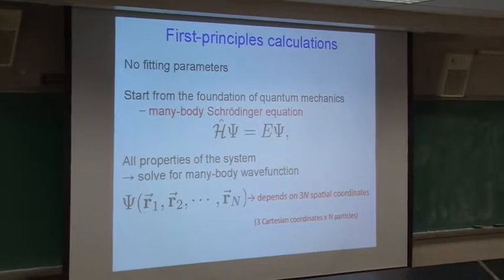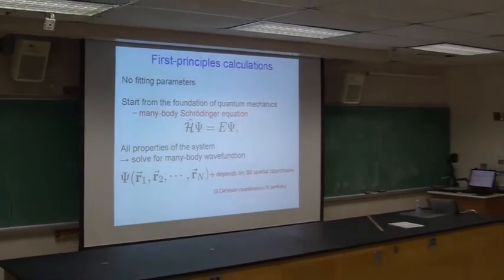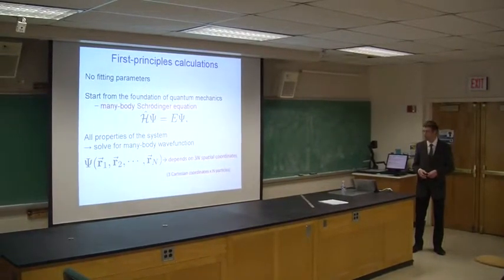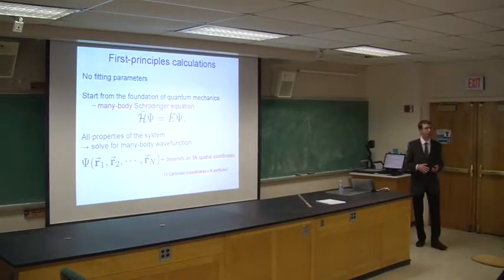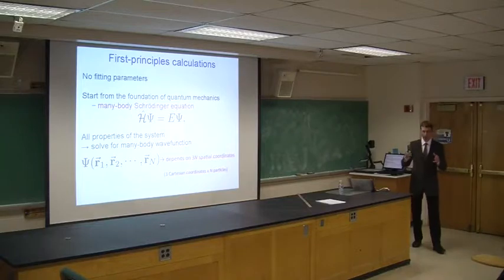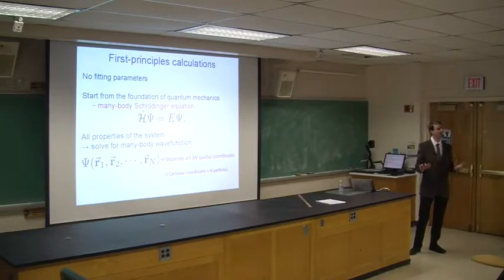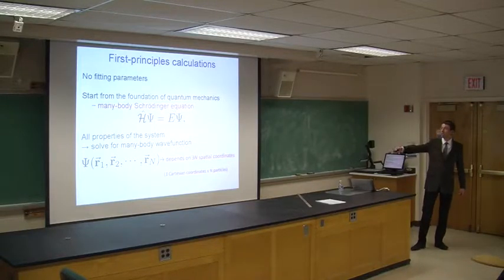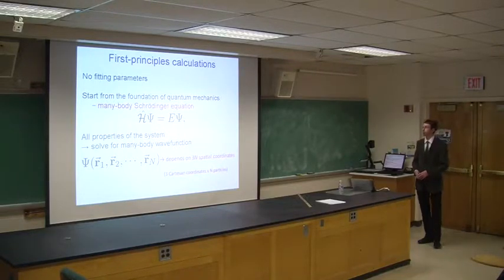So let's now look at the exact computational techniques I will be using. And let me give you a crash course in density functional theory in about 3 slides, so bear with me. The basis of all properties is given by the foundation of quantum mechanics, the Schrödinger equation. This is a many-body equation, and once you solve this, you can obtain all properties of your physical system.